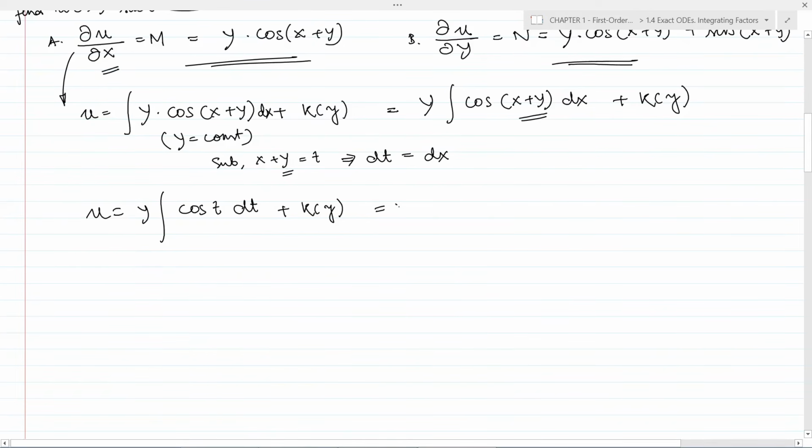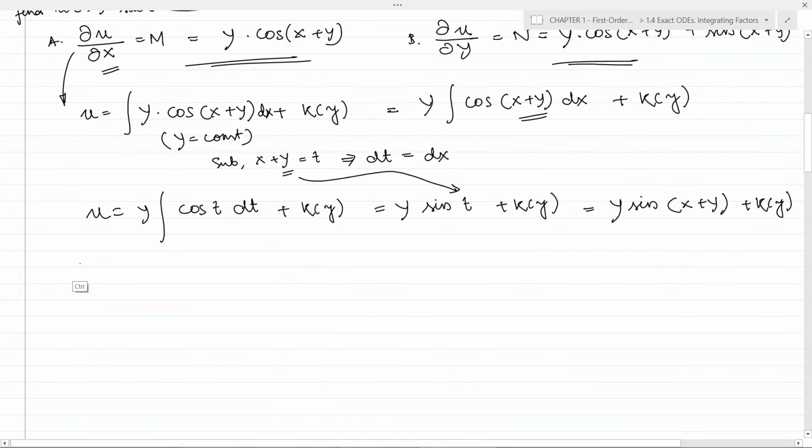So, this is equal to y sin t plus k of y, and we substitute x+y in place of t and get y sin(x+y) plus a function k of y. Now, we have got the provisional equation for u, that is u equal to y sin(x+y) plus k of y.